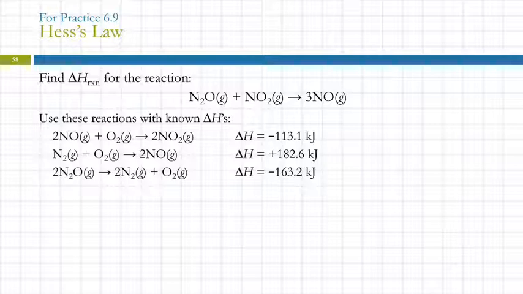Use these reactions with known delta H's. So we've got this information here, these three reactions and their delta H's. But what we want to find is this guy up here. So we have to figure out how we can combine these chemical equations to get that one. There's different ways to approach this.